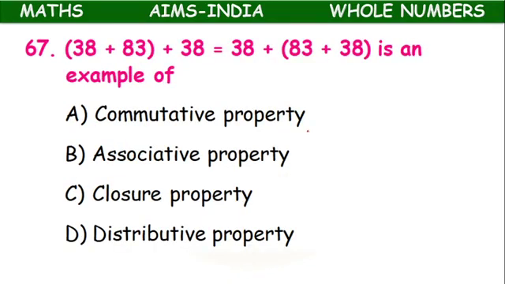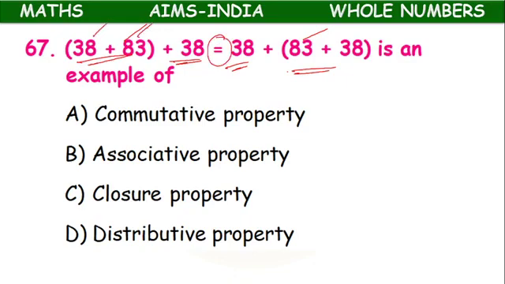Next, 67. Here 38 plus 83 plus 88, the order of addition is changing, but still the result is the same.